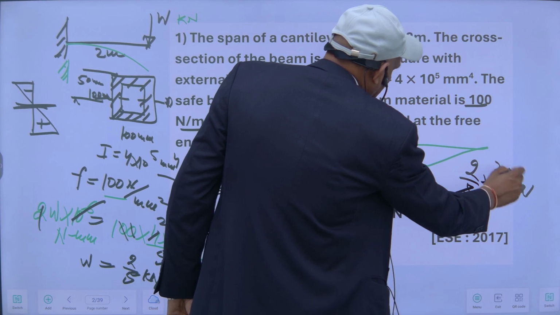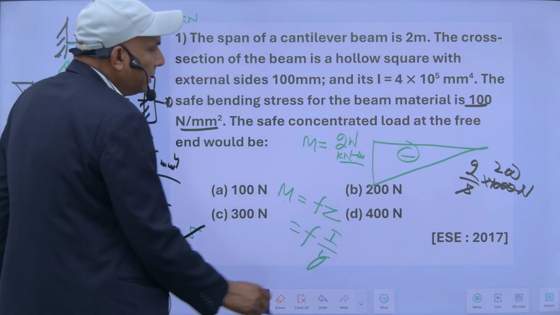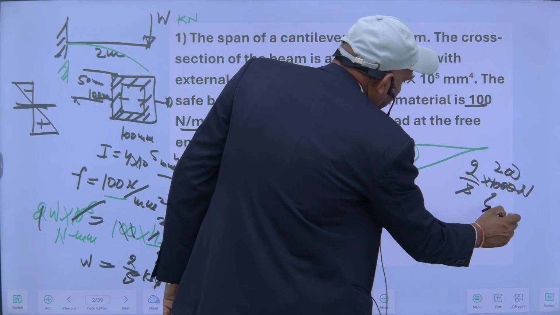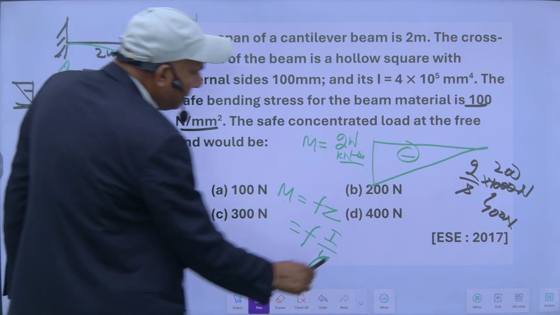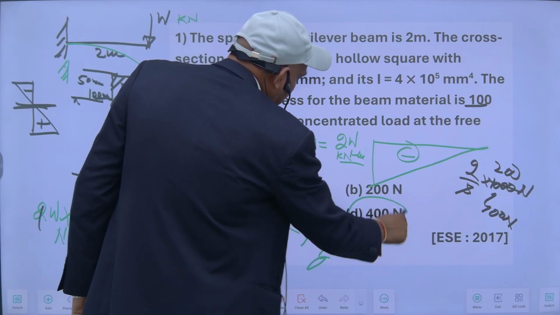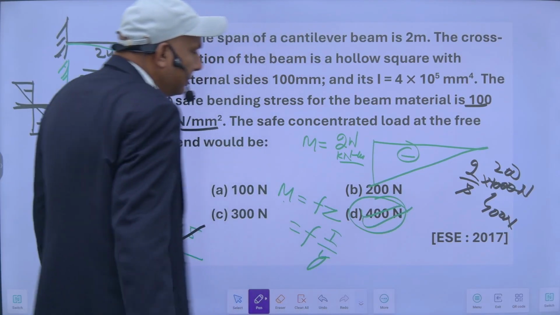So it will be 400 Newton. 400 Newton means this one. So this D is the right answer.